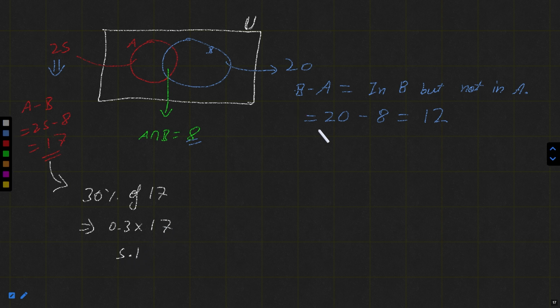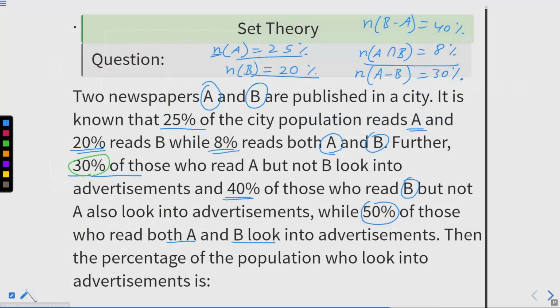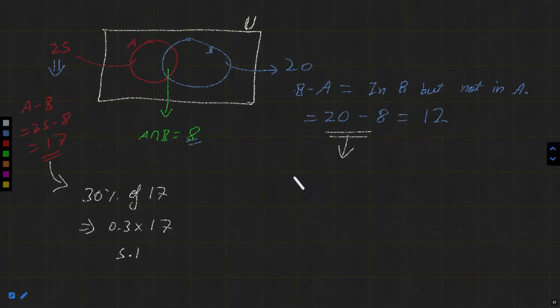Similarly, for B but not A it is 40%, and 40% of 12 is 4.8.